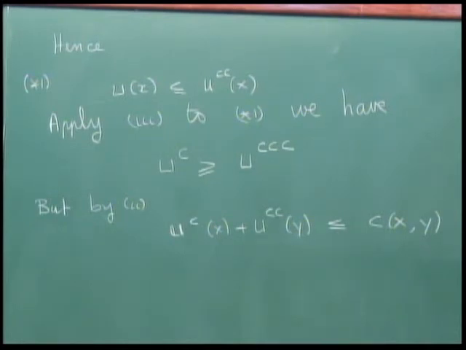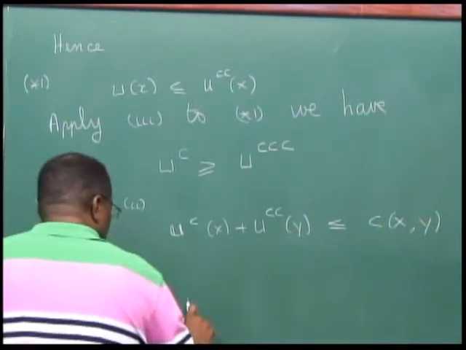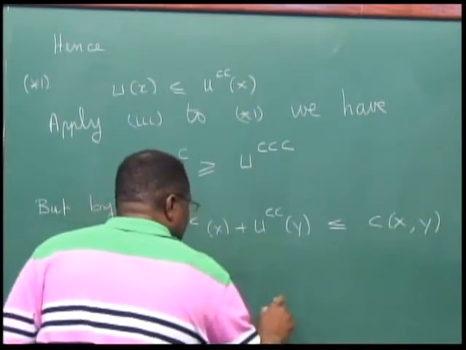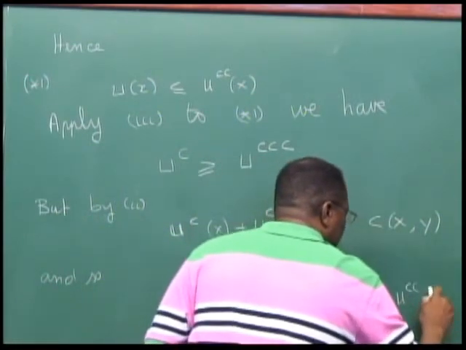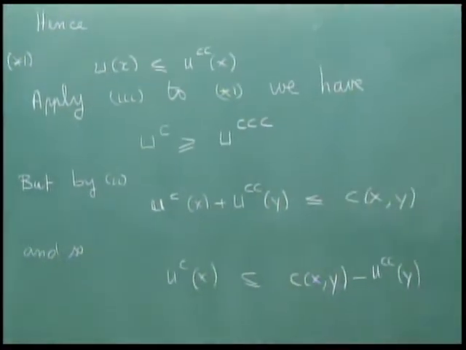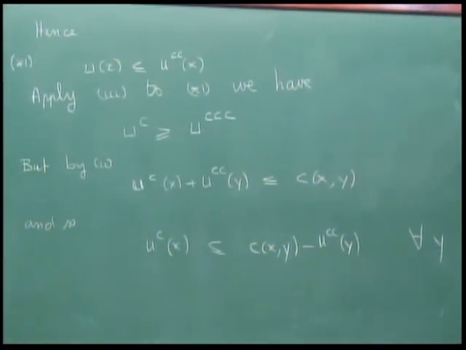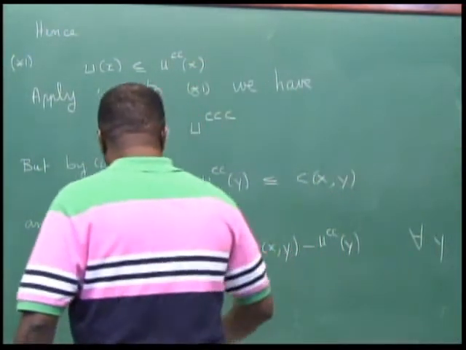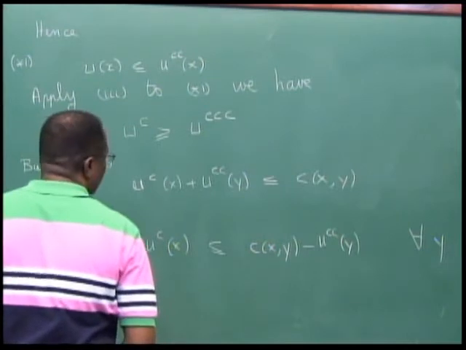And so, u^c of x is less than c of x,y minus u^cc of y for every y. Now I minimize over y. When I minimize over y, the right-hand side becomes u^ccc.